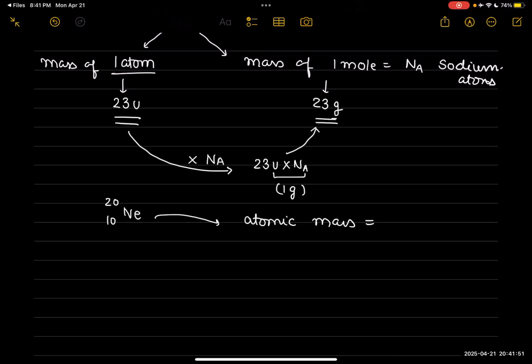Atomic mass 20 U. Yes, very good. If I talk about the mass of that whole bunch of 1 mole, it is 20 grams.